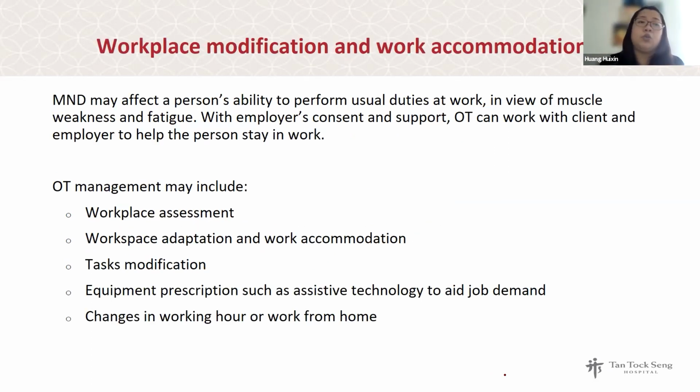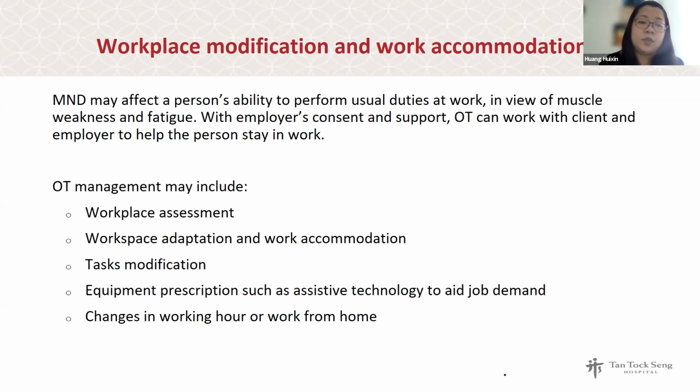But we also need to look at their workplace as well, because we all know that some of our MND patients are in their prime age whereby they are possibly still working. So it's very important for us as professionals, of course with the consent of the person with MND, to have some words with the employer to see how we can modify the job to help them continue to stay in work.